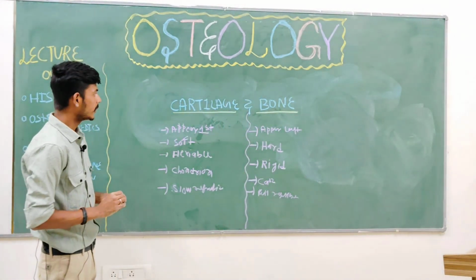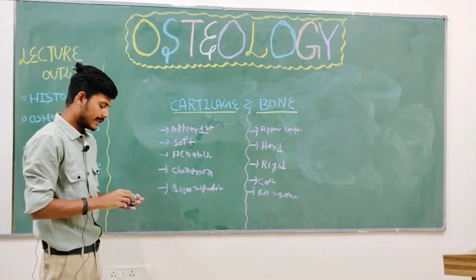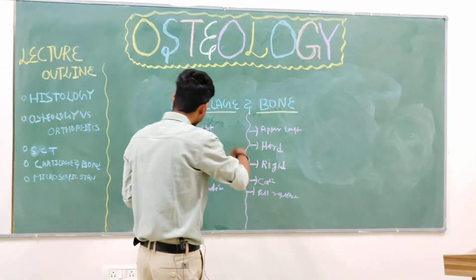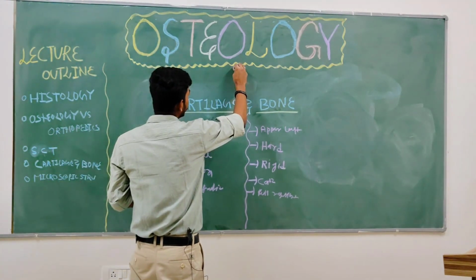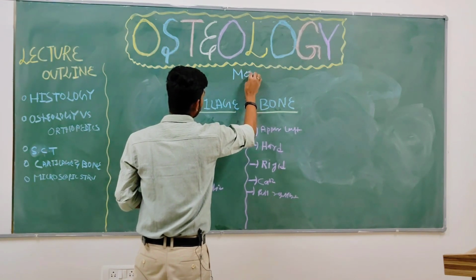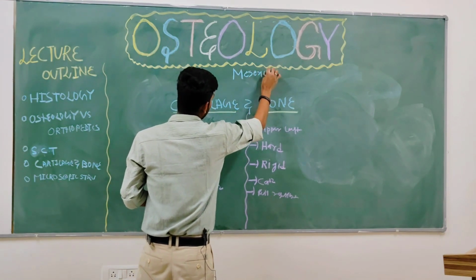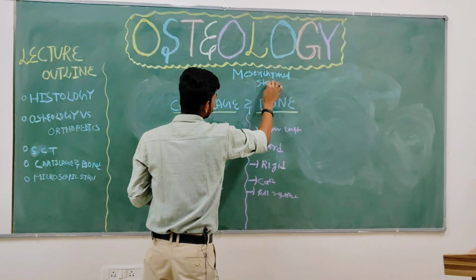But both the cartilage and bone are formed or originate by the activity of mesenchymal cells. Write down, mesenchymal stem cell.